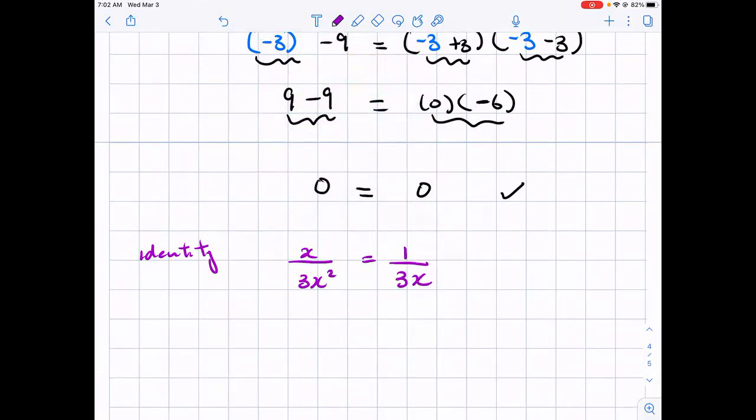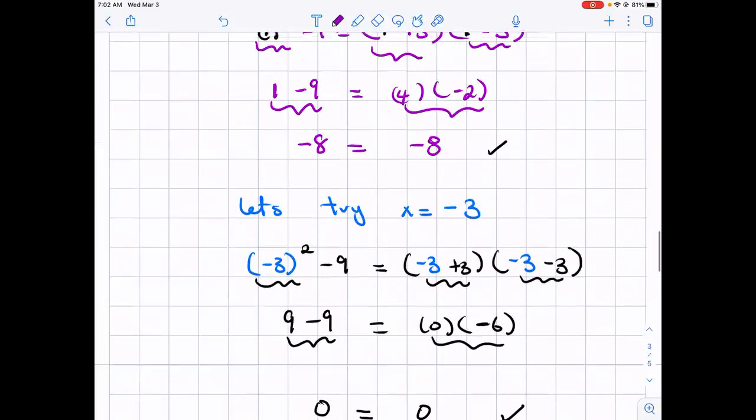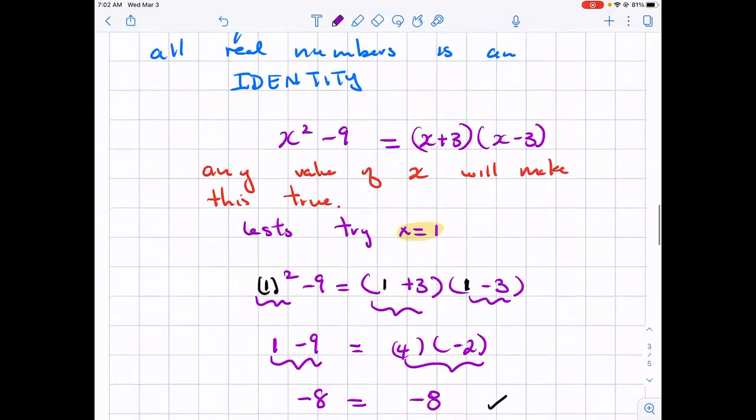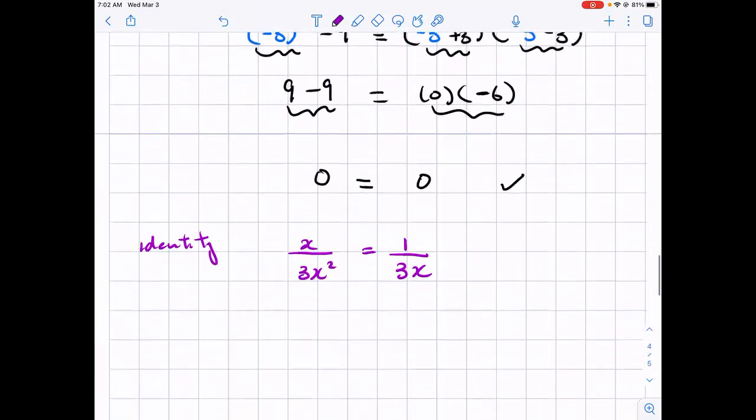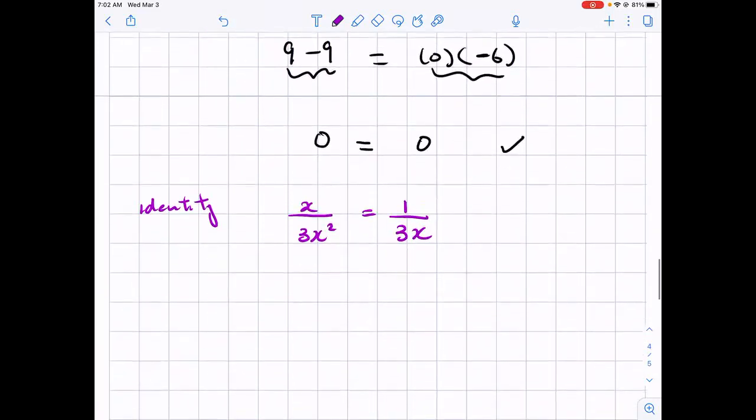This is also an identity. If you pick any different value of x, you will see that the left side is equal to the right side. This is very similar to the previous one, and the same scenario will happen. As you solve, this is something that you will encounter.